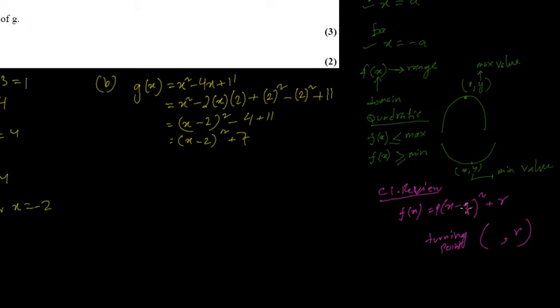If this is x minus q whole squared, if it is minus q, this would be plus q, so it will be the opposite sign, but the y coordinate will be the same.